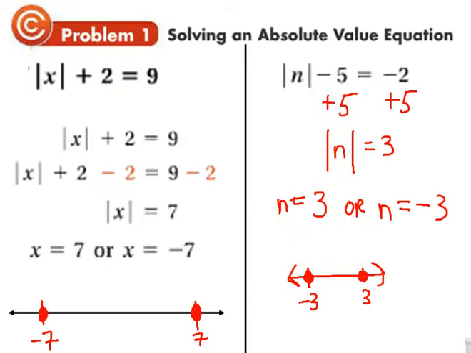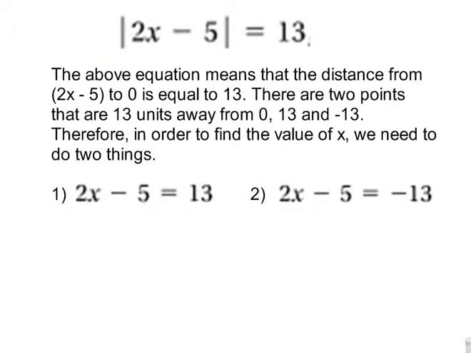Let's look at the next set. Now, remember what we just said about the definition of the absolute value. It means the distance from this has to be positive 13. From whatever this is to 0 is going to be a distance of 13 away from 0. There are 2 points that are 13 units away. It's either going to be positive 13 or negative 13.